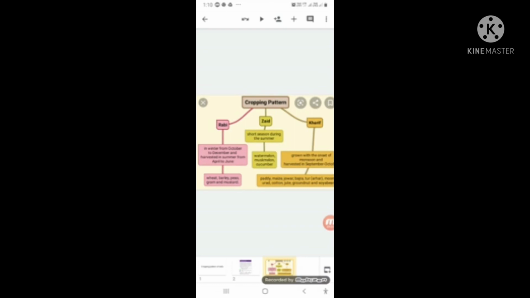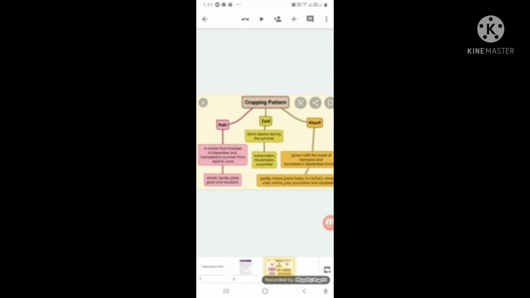The sowing season here is March and April, and these crops are harvested in July and August, or sometimes in September. The examples of these crops are watermelon, muskmelon, cucumber, different vegetables, fodder crops, etc.